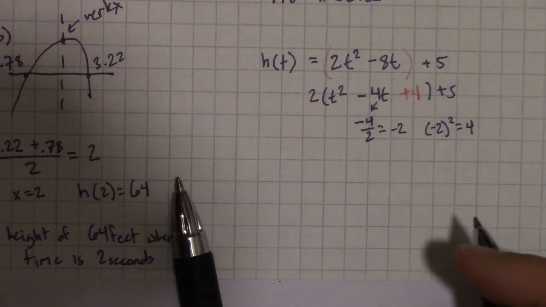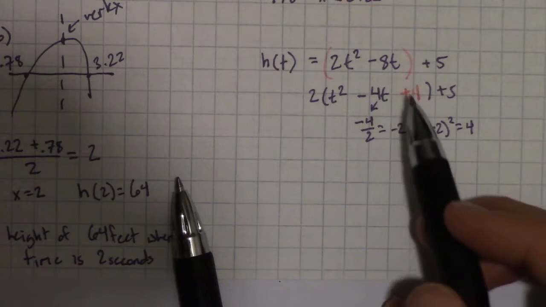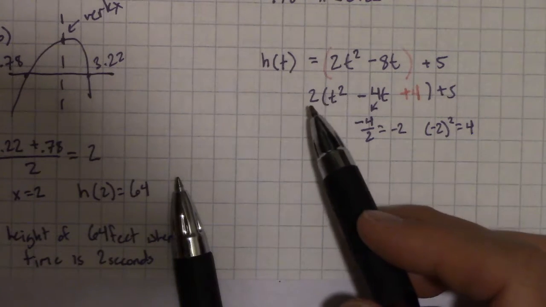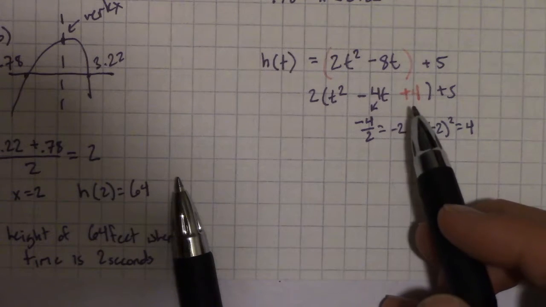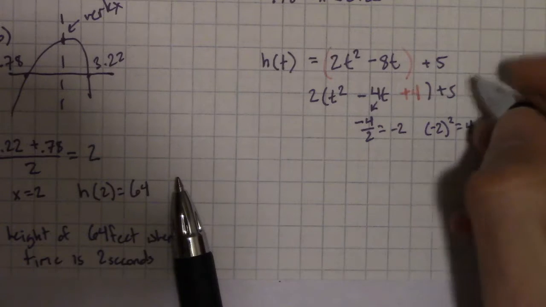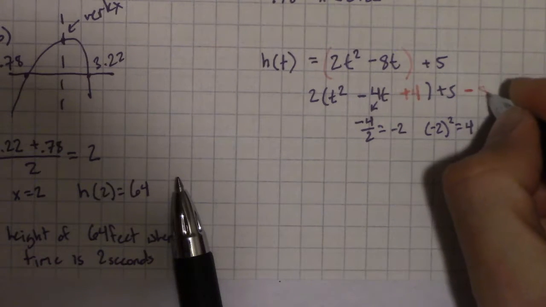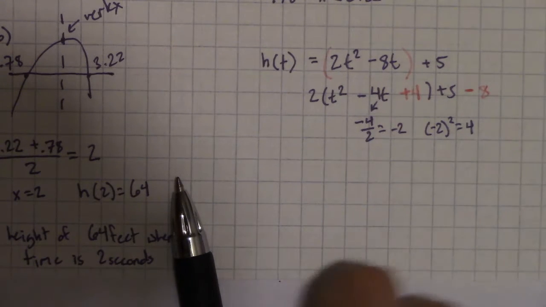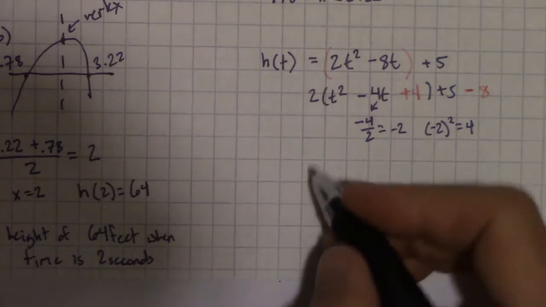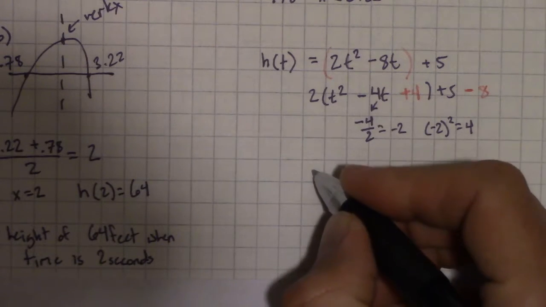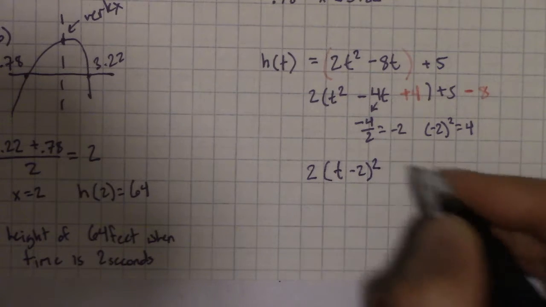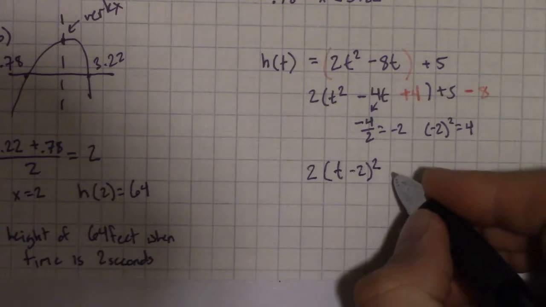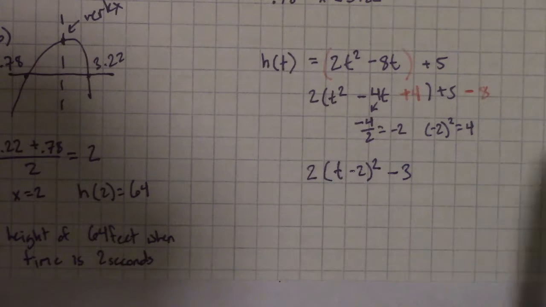Okay? And we've talked about this. I didn't really add 4 because I really added 2 times 4. So if I added 2 times 4, that's 8. So in order to balance it, I need to subtract 8. Okay? So if I put that all together and I factor this first part, I now have 2 times t minus 2 squared, and then 5 minus 8 is minus 3.